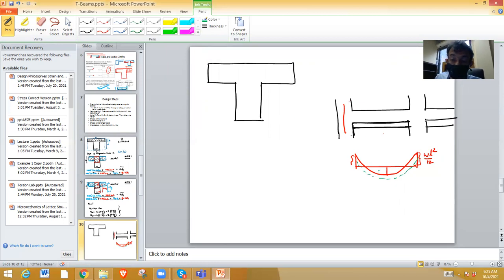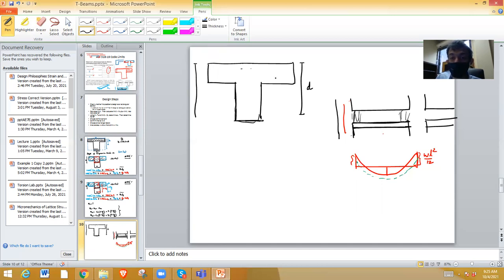That means at the ends, you have negative moment. So for those, the steel should be there, okay? And this part of the beam is carrying the compression, right? So usually this web depth or the total effective depth of the beam is decided by the negative moment regions, okay?